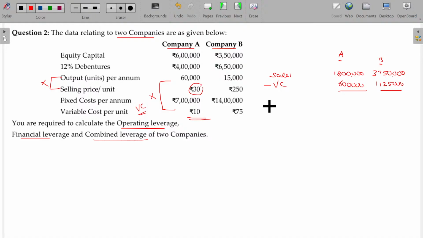I get the contribution: 12 lakhs here, 26 lakhs 25,000 there. Minus fixed cost, 7 lakhs, 14 lakhs. Then we'll get EBIT, 5 lakhs and 12 lakhs 25,000.